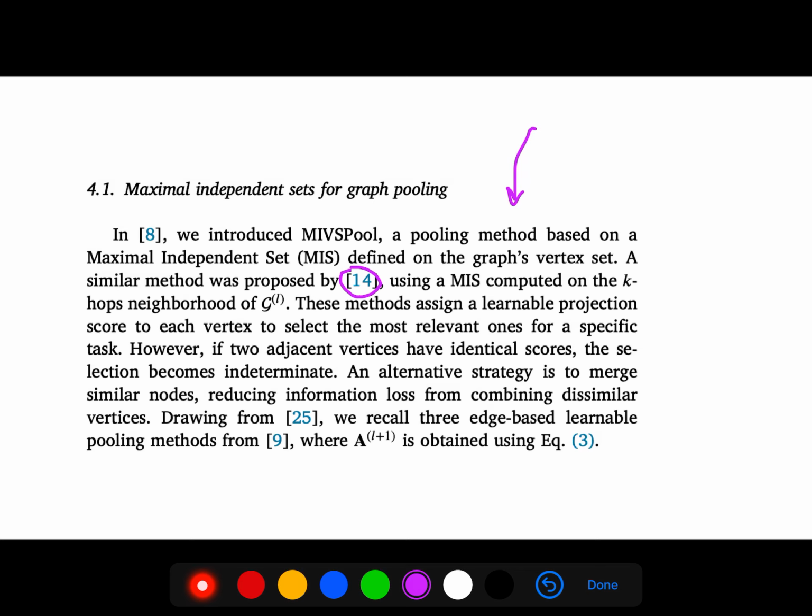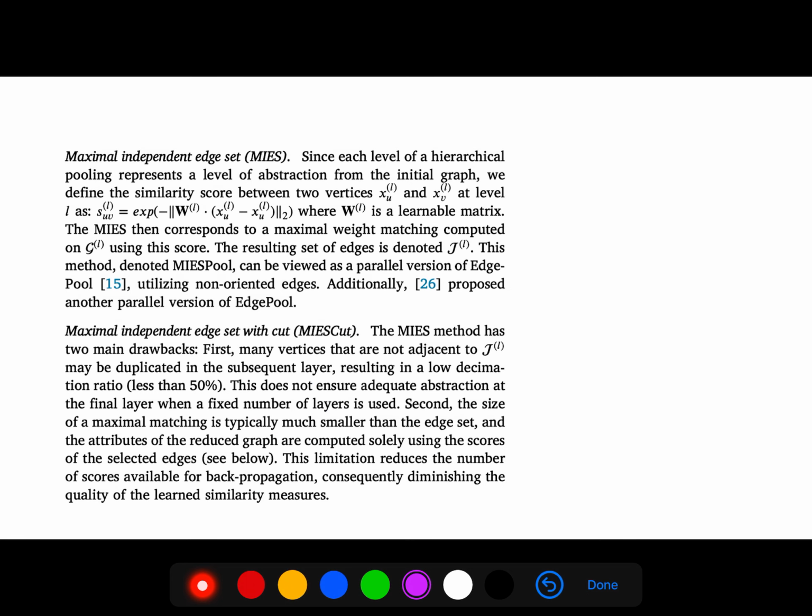An alternative strategy is to merge similar nodes, reducing information loss from combining similar vertices. Since each level of the hierarchical pooling represents a level of abstraction from the initial graph, we define a similarity score between two vertices at level L, where W is a learnable matrix.